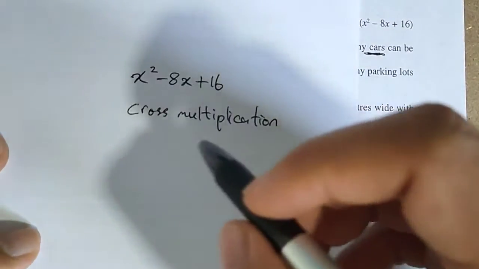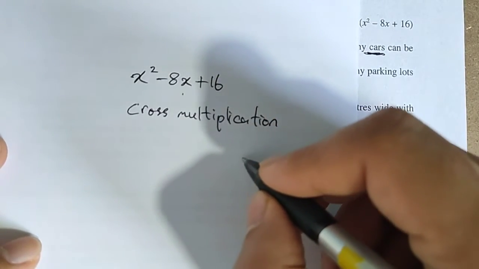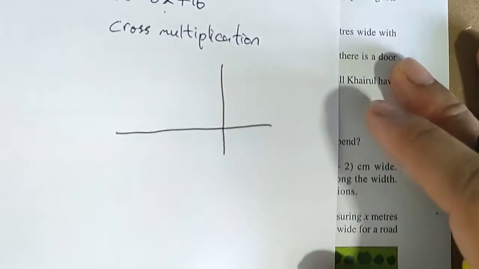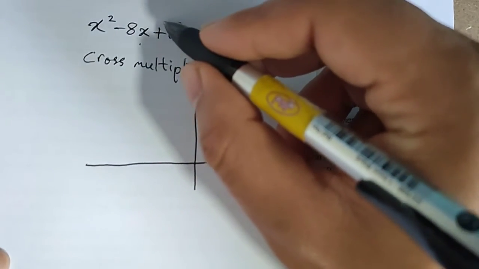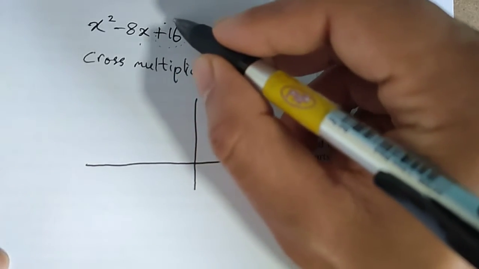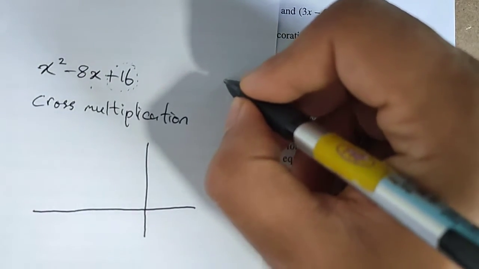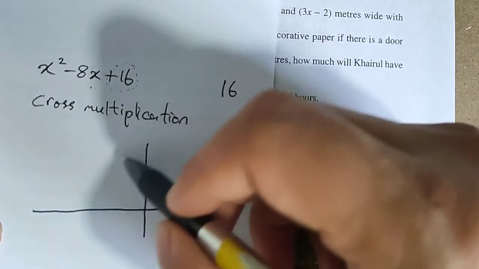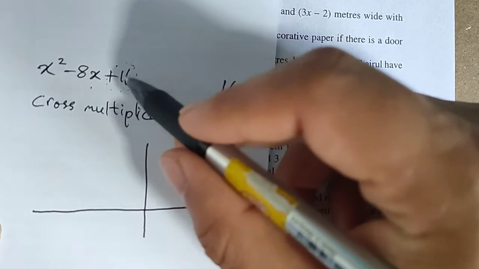Okay. Now, in order to factorize this, we're going to need cross multiplication. If you do not remember, then let's go through this once again. Take a look at the number only, 16. Before we are able to do cross multiplication, we need to find the factorization for the number at the back.